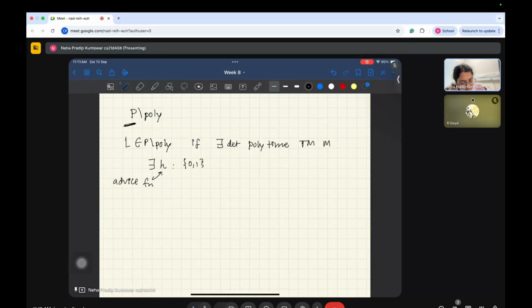It takes as input n, where n is the length of the input for us. So what that means is, for every x in the language which is of length n, h is going to give me the same string.